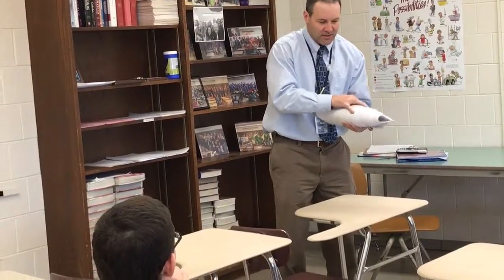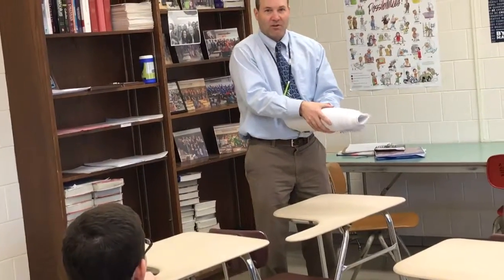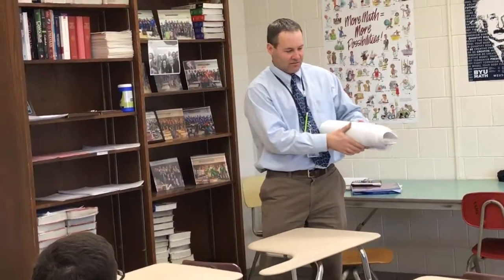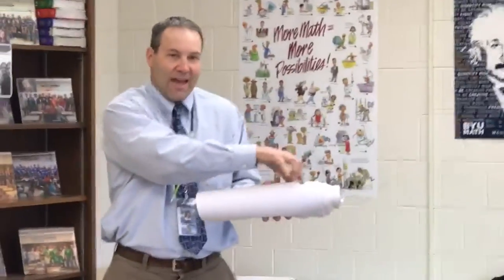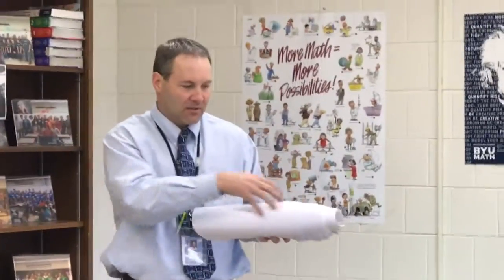So each one of these is a shell. Imagine a circular shell, and if you add all of them up, you'll find the volume. Each one of these pieces of paper wrapped around is hollow, and if you stack them, you'll find the volume. Why is it hollow?